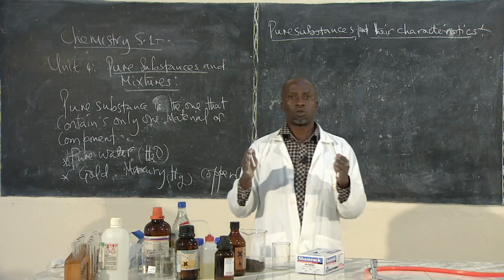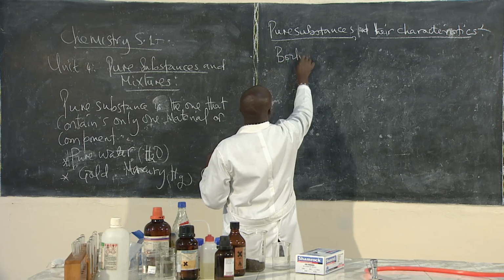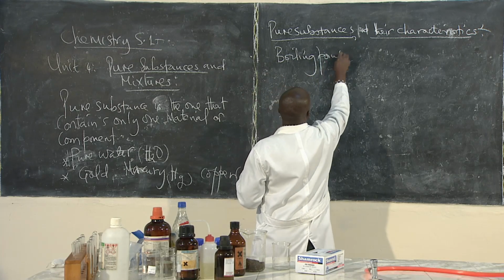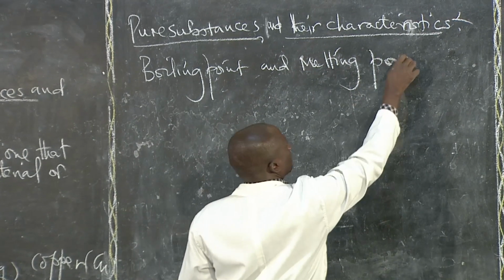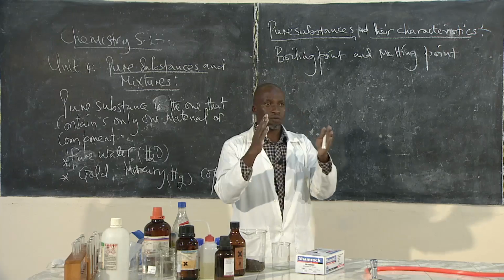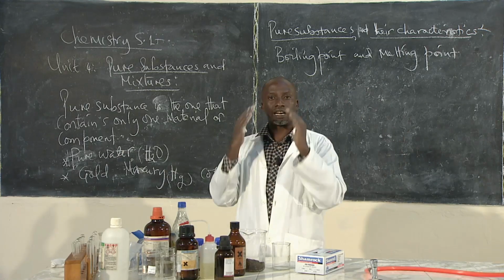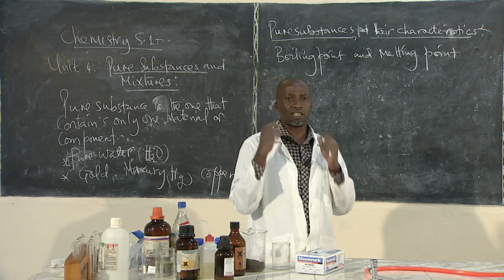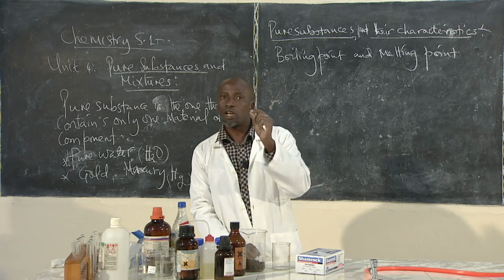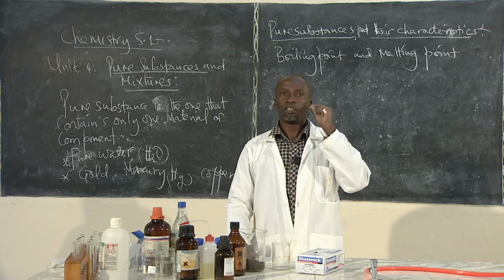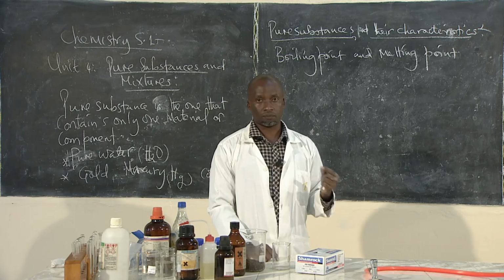For example, you need to determine the boiling point and the melting point. If the melting point and boiling point are determined, these are the ones that can tell you that this is a pure substance, because pure substances have definite boiling and melting points.